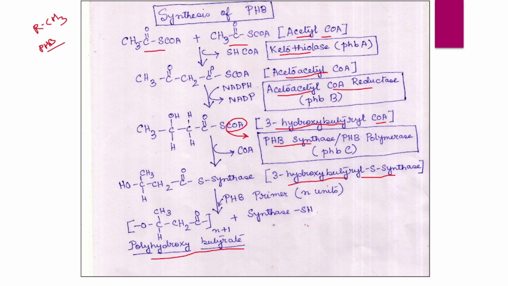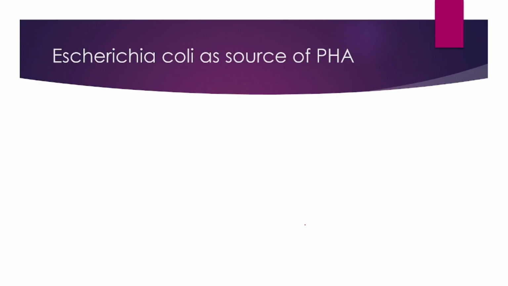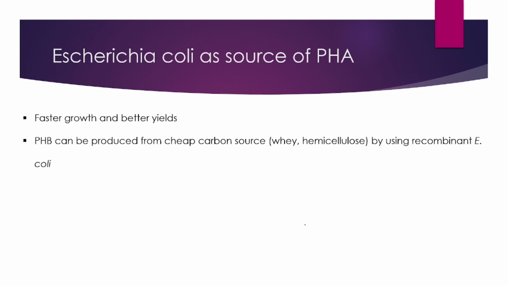This is how synthesis happens in case the R group is a methyl group. Similarly, if the R group is an ethyl group, then synthesis can proceed in the same direction for polyhydroxyvalerate also. Now, E. coli is mostly used as a source of these polyhydroxyalkanoates because it has faster growth and gives better yields. Second, PHB can be produced from cheap carbon sources like whey or hemicellulose by using recombinant E. coli cells.